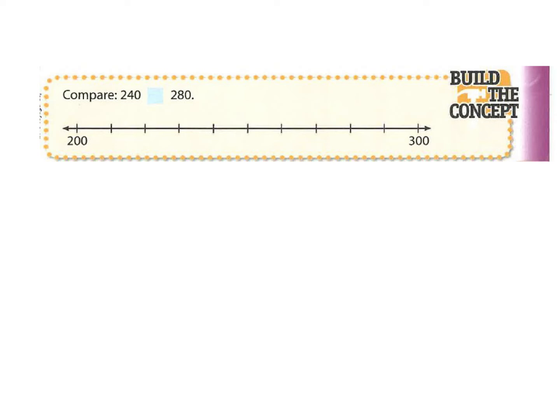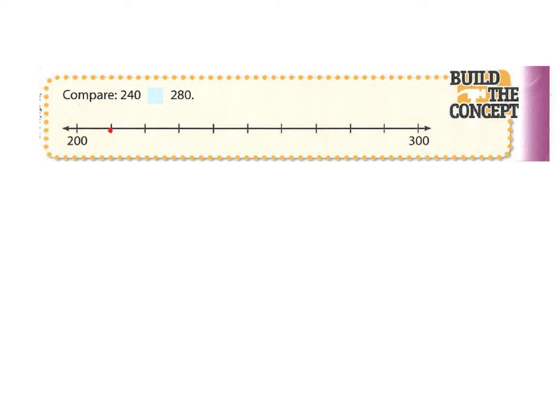Okay. This one for Build the Concept, it says compare 240 to 280. So we need to fill in this line. It's giving us 200 and it's giving us 300. So I always try to figure out beforehand before I write it, but it looks like we could probably go by tens.